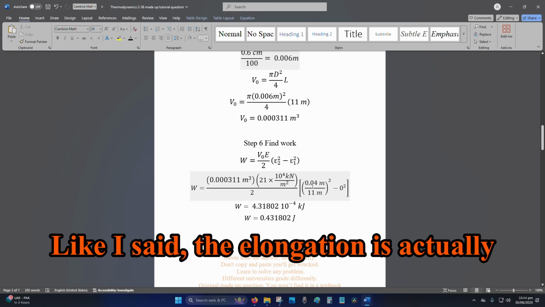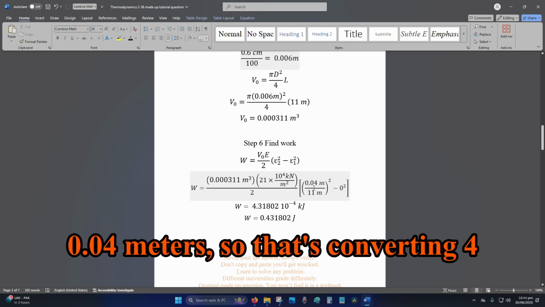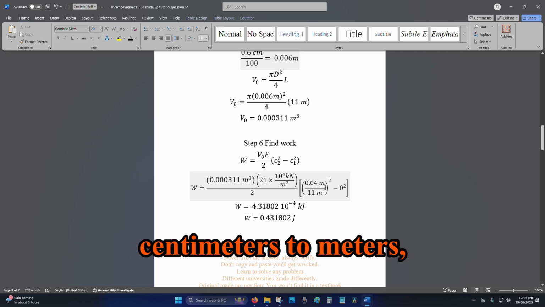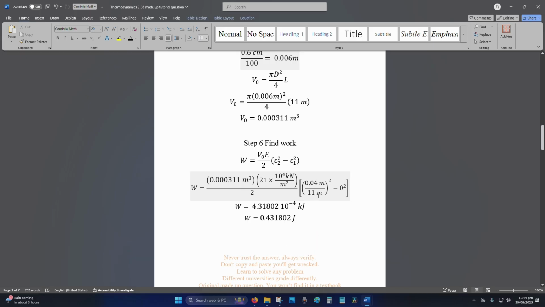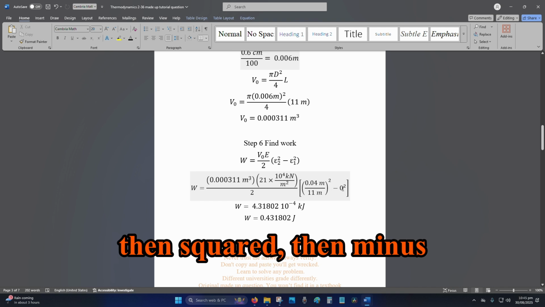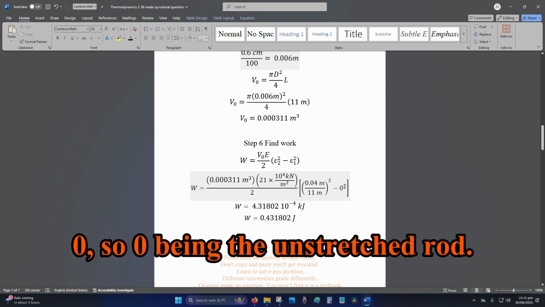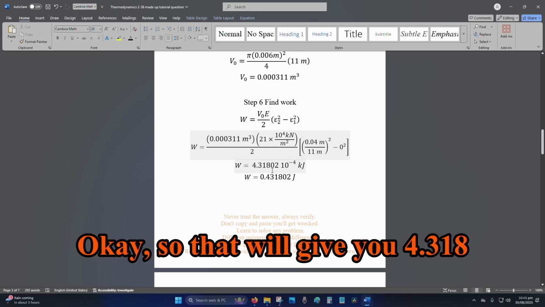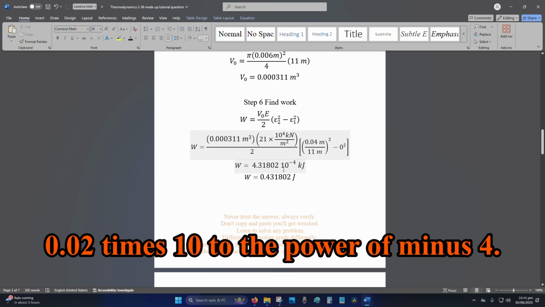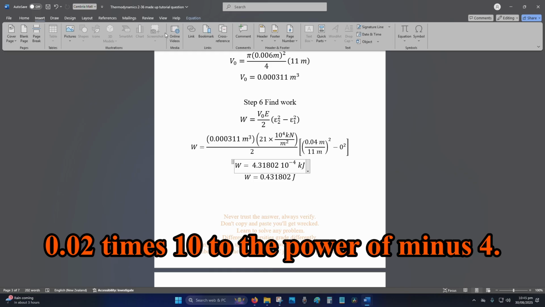Like I said, the elongation is actually 0.04 meters, so that's converting 4 centimeters to meters, then divided by the total length of the rod, which is 11 meters, then squared, then minus 0, so 0 being the unstretched rod. Okay, so that will give you 4.31802 times 10 to the power of minus 4.